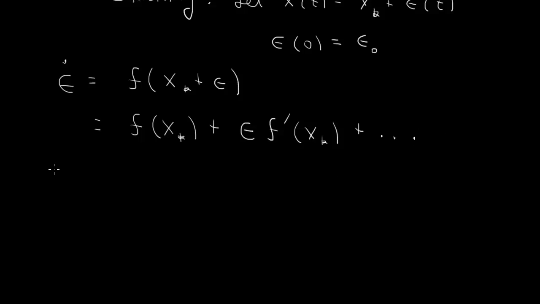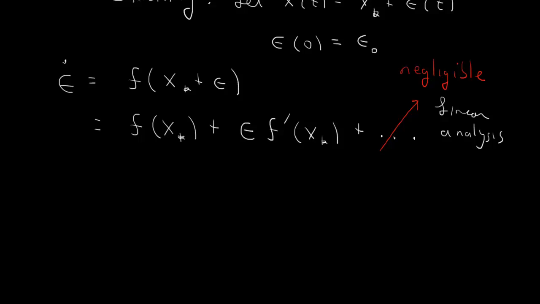So what we're going to do now is a linear analysis. In a linear analysis, we're going to throw away all those higher-order terms. So we're going to say that all of these terms are negligible, and then we'll only have the linear term.